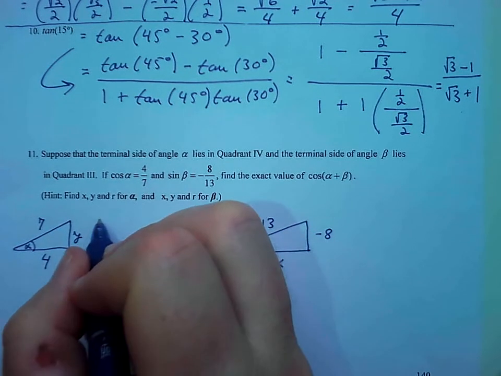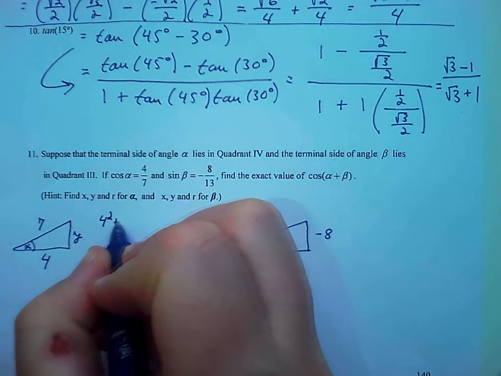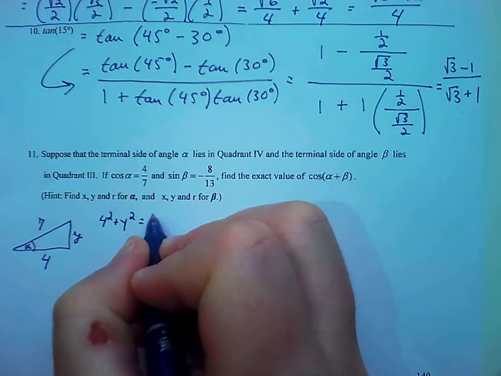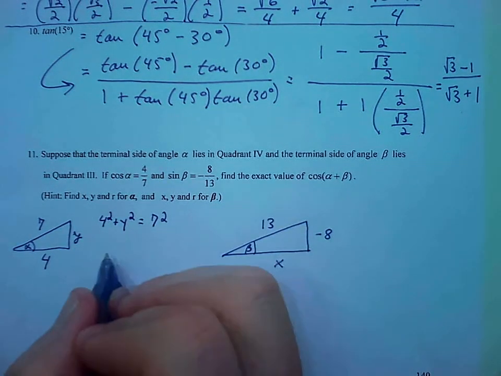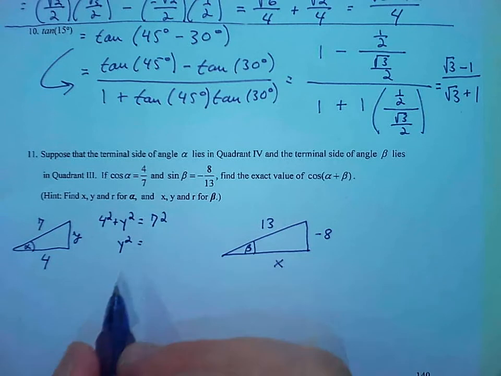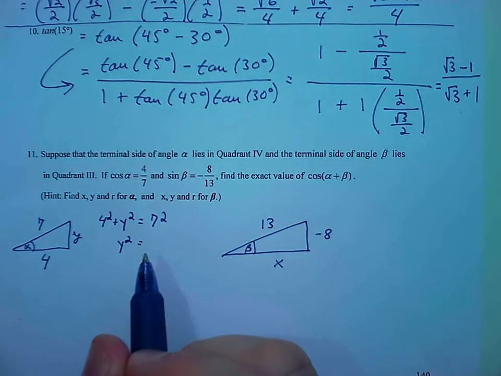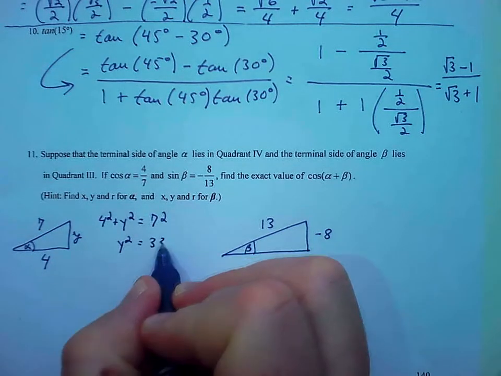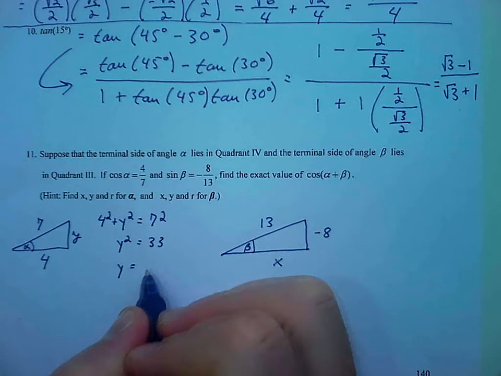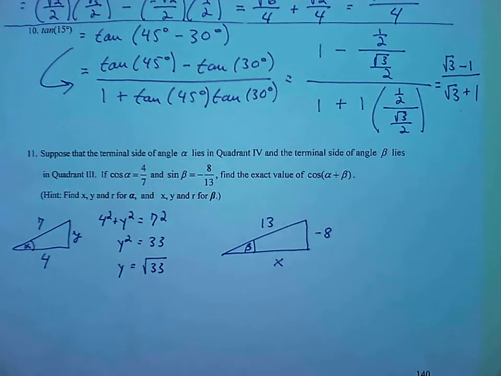So for y, we're going to get 4 squared plus y squared is equal to 7 squared. So therefore y squared is going to be equal to 49 minus 16, which is 33. So therefore y is equal to the square root of 33.